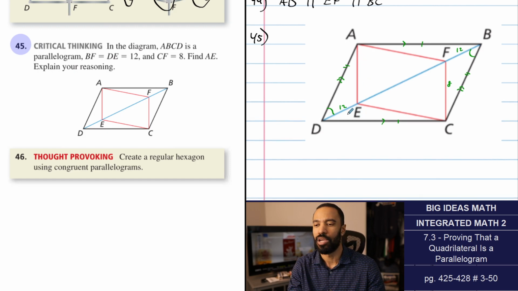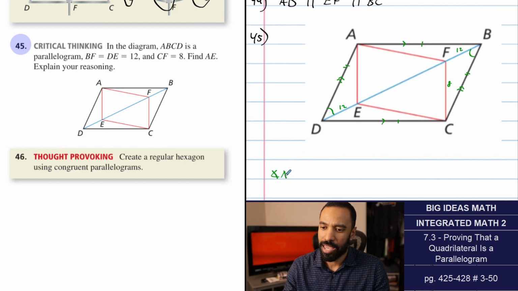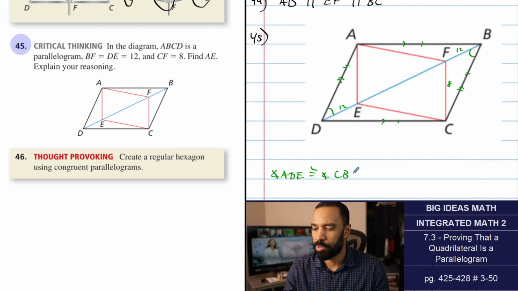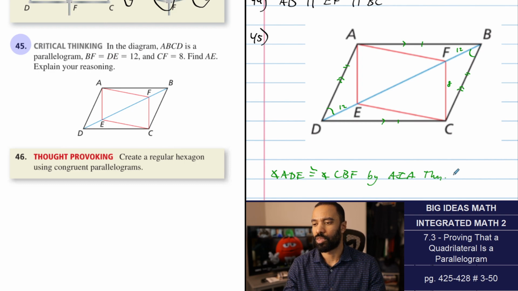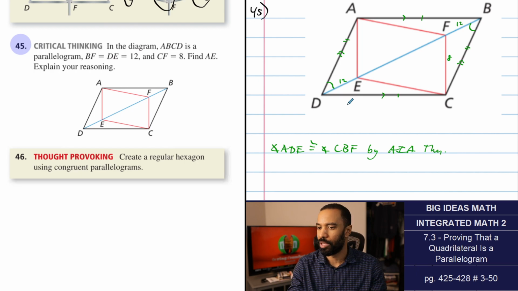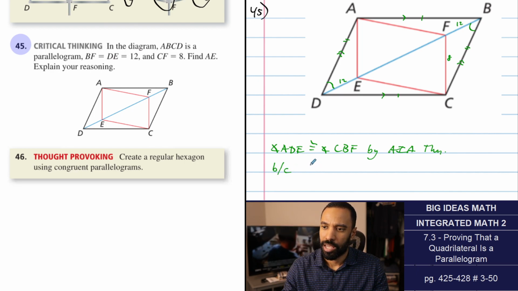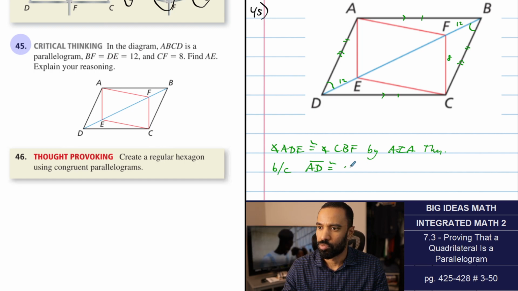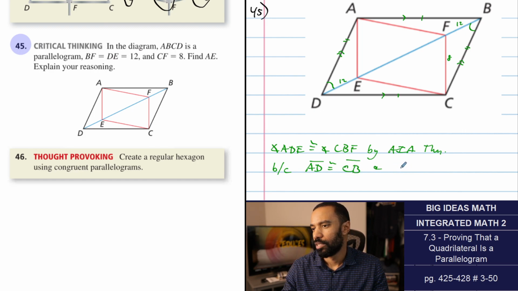So, do I have to explain my reasoning? Angle ADE is congruent to angle CBF by the alternate interior angle theorem. The parallel lines would make it so, given that it's a parallelogram, because segment AD is congruent to segment CB, and if those lengths are the same, then I'll just say that. So DE is congruent to BF.